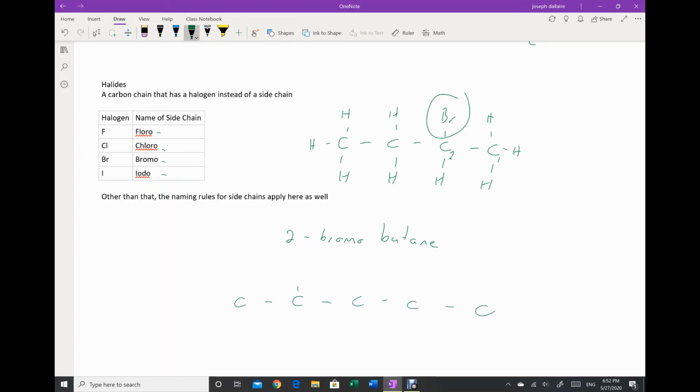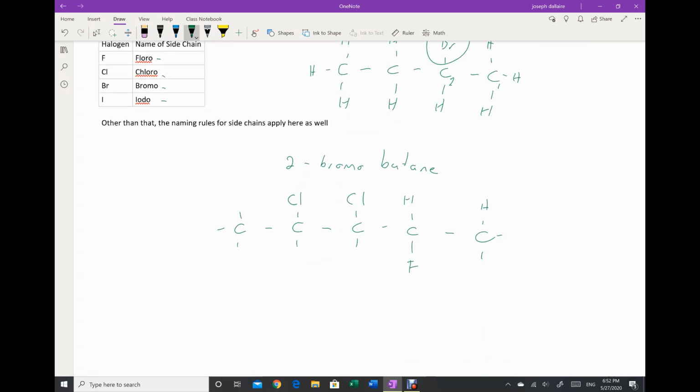Let's imagine we got pentane, we got 2 Cls on it, and what the heck, let's put a fluorine group here. One thing you can do if you get tired of writing hydrogen all the time is if you put a dash and you put nothing at the end of it, it's assumed that it's a hydrogen. So I might start using that little shortcut from time to time here.